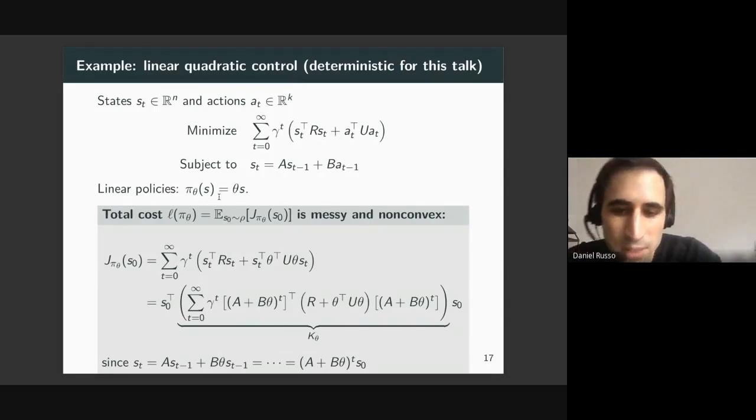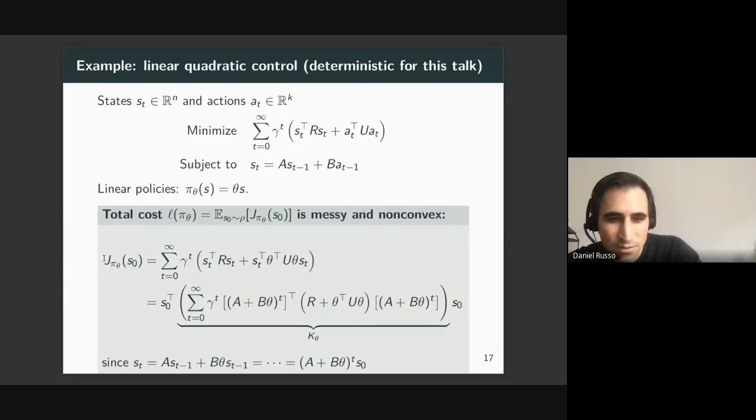There's real subtlety in asking whether we can find the optimal setting of theta via gradient descent, because the total loss function L is some messy non-convex function of theta. I have an expression for J pi here. It's a quadratic function of state, but a complex function of theta.